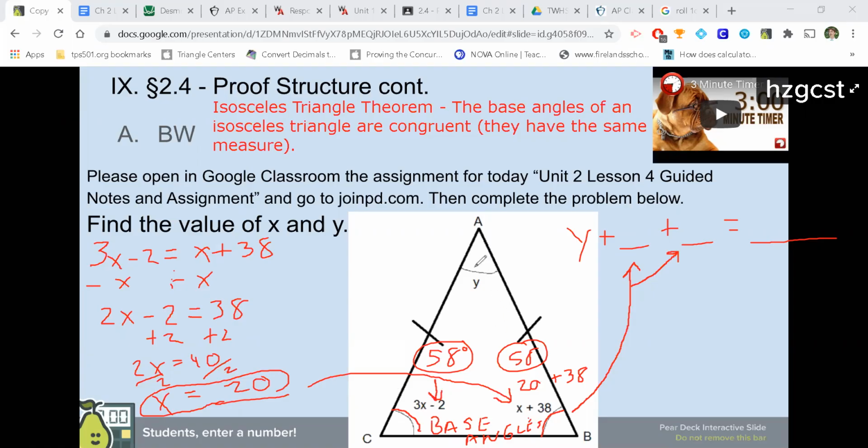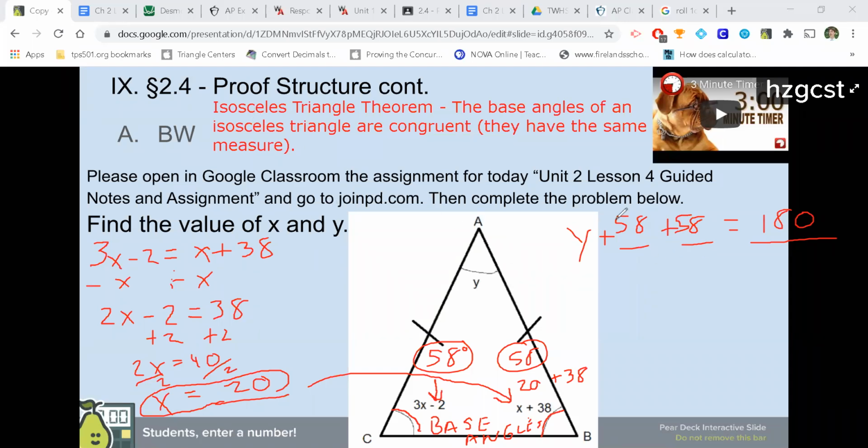All right, to find y, I know 2 out of 3 of my angles. And I know that all 3 angles are supposed to add up to 180, according to the triangle angle sum theorem. Again, that should be a theorem that's in your notes from last Thursday's class.